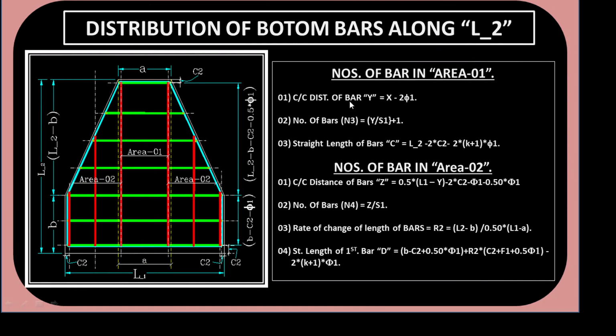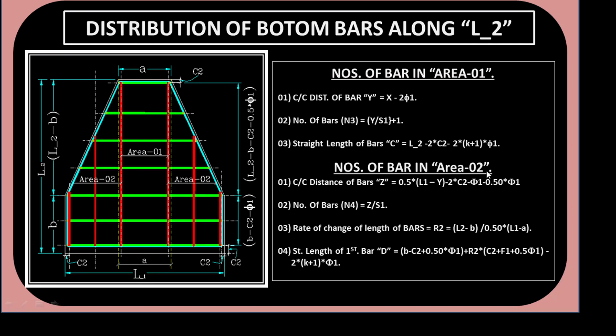Center to center distance of bar is equal to Y is equal to X, that is length of this bar X, minus 2 C1. Number of bar N3 is equal to this Y divided by S1 plus 1. Straight length of bar C is equal to L2, this length, minus 2 side cover minus 2 into K plus 1 into phi 1.